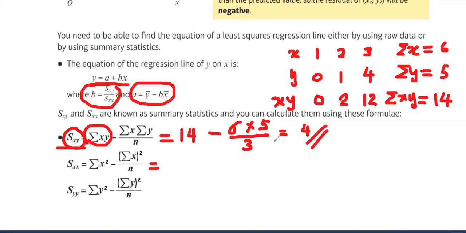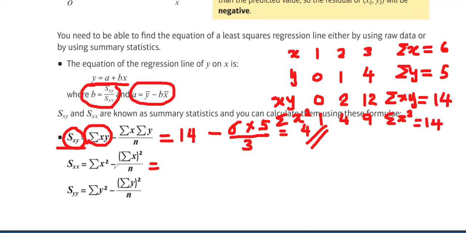Then we have to find sxx. For that, we need sigma x squared. x squared means 1 squared, 2 squared, 3 squared, like that. Sigma x squared you can find easily: 14.